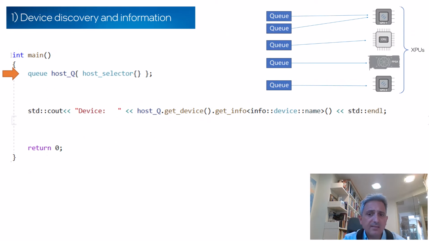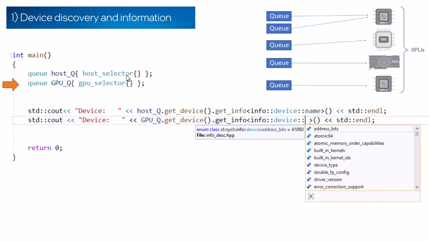So now I can select the device I'd like to use and assign it to an execution queue. Here, for example, I'm assigning a queue to the host, by using the host selector, basically my CPU. So now there's a queue to the CPU, and I can also assign a different queue to the GPU. And you can see that I can query multiple properties of the device.